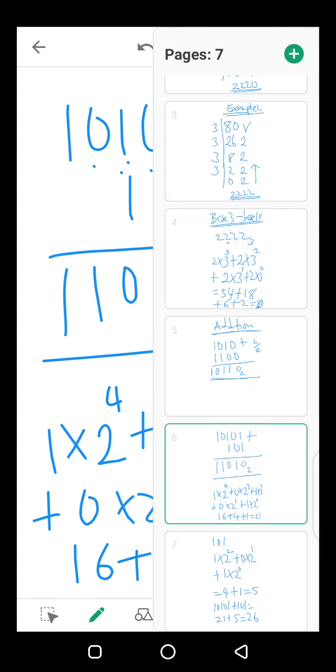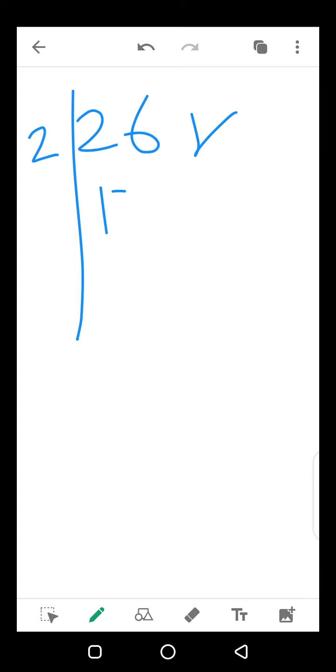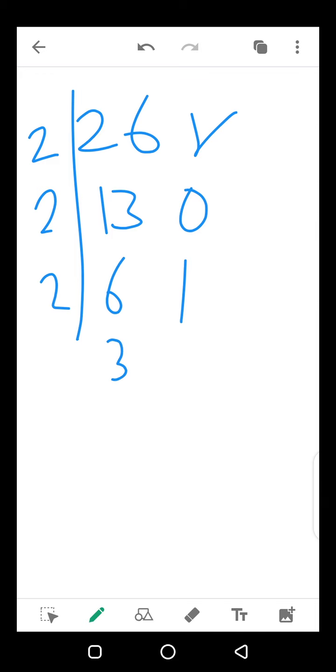So we have 26. We try to get the value in base 2. 26 divided by 2 will give us 13, remainder 0. 13 divided by 2, we get 6, remainder 1. 6 divided by 2, we get 3, remainder 0.